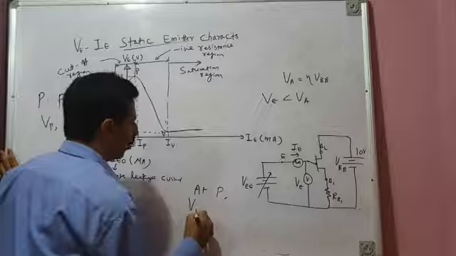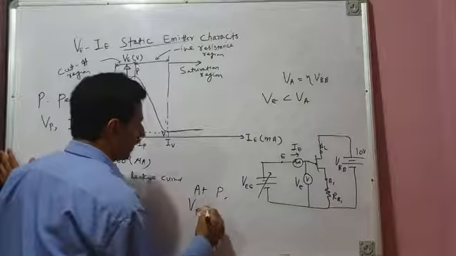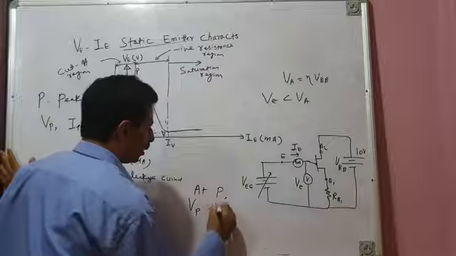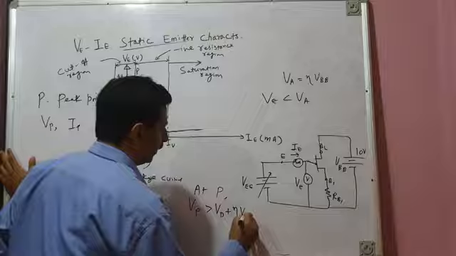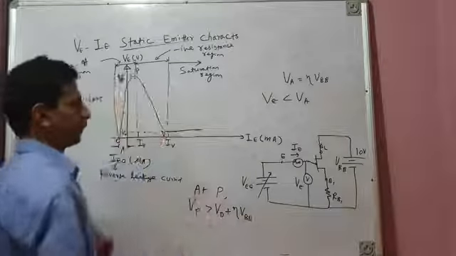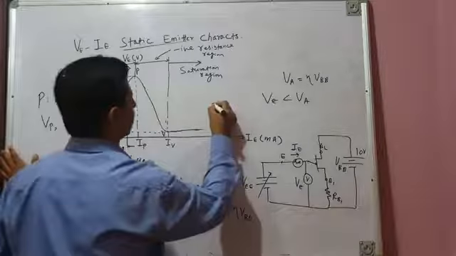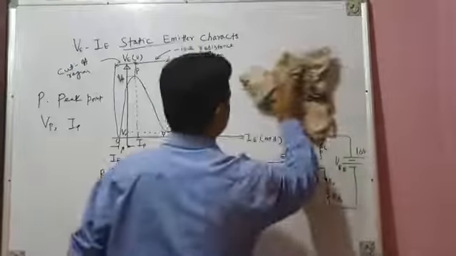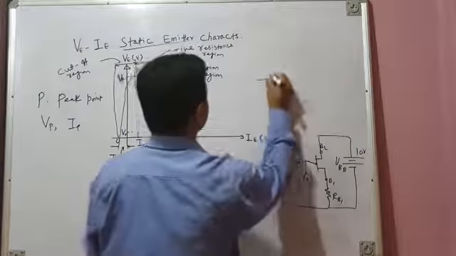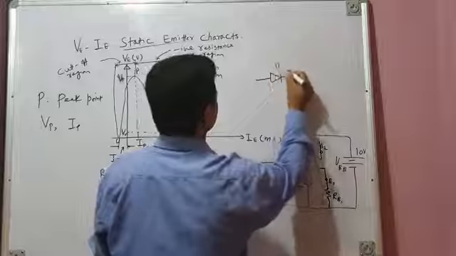Your peak point voltage becomes greater than cut-in voltage of diode and eta VBB. If you see the equivalent circuit, let me draw the equivalent circuit again. This is your diode, PN junction.